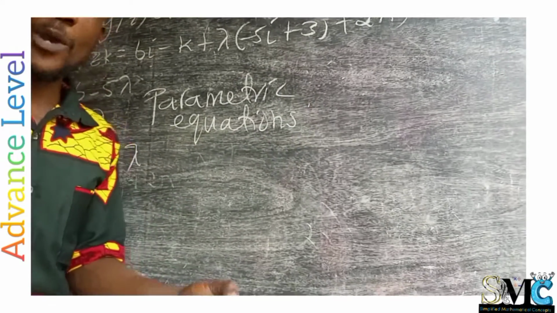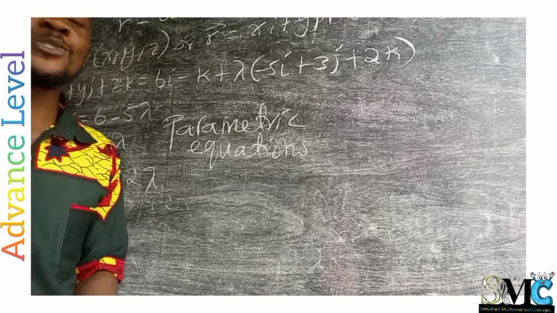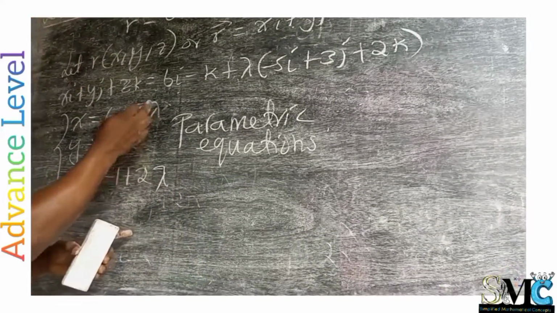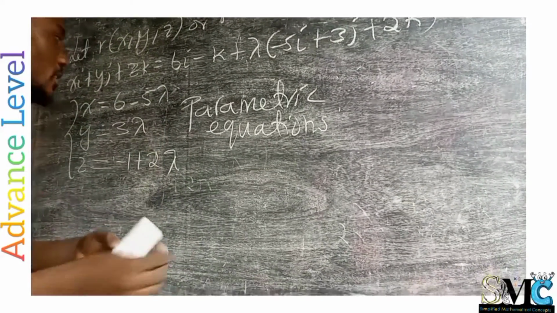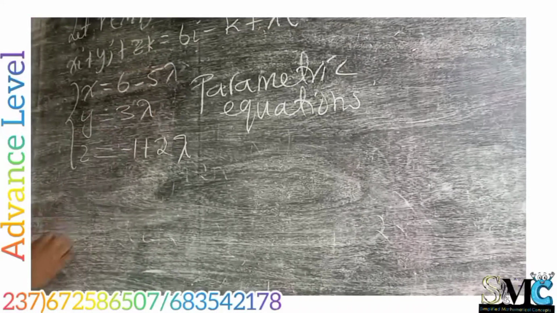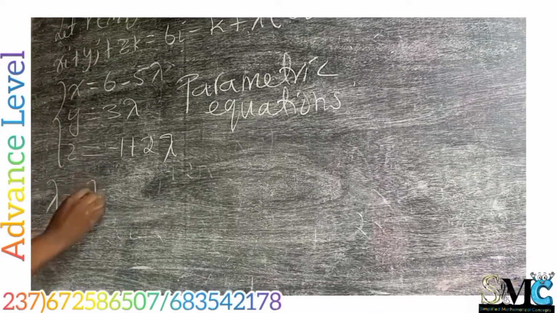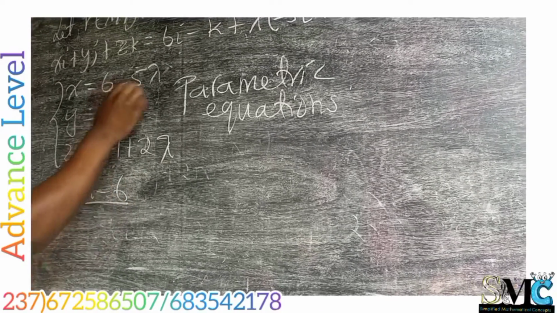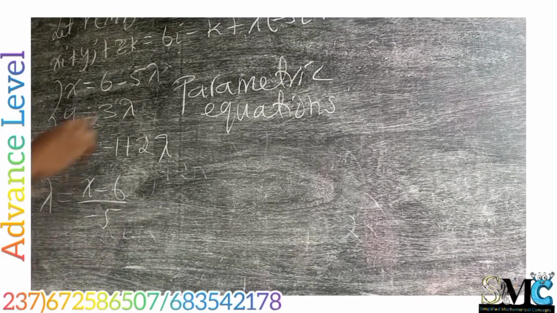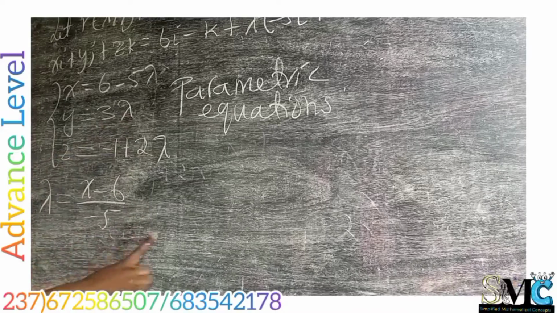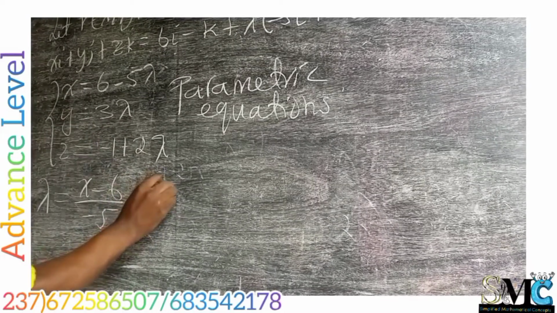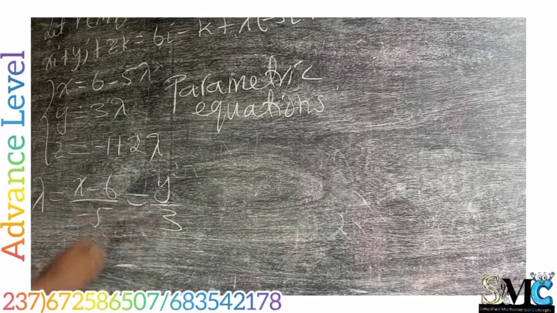For the Cartesian equations, all we need to do is to make lambda the subject of these parametric equations. So, making lambda the subject, we have that lambda is equal to (x minus 6) over negative 5. And here, lambda will be equal to y divided by 3.